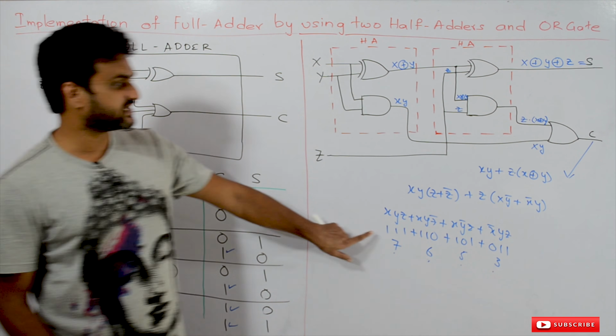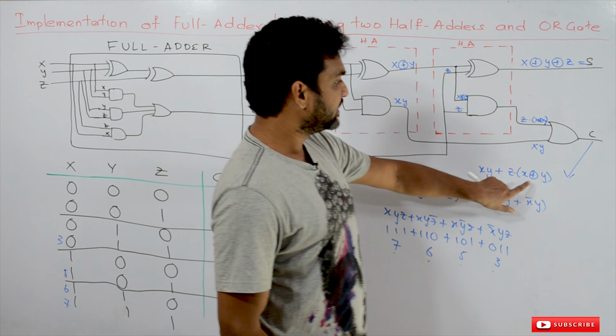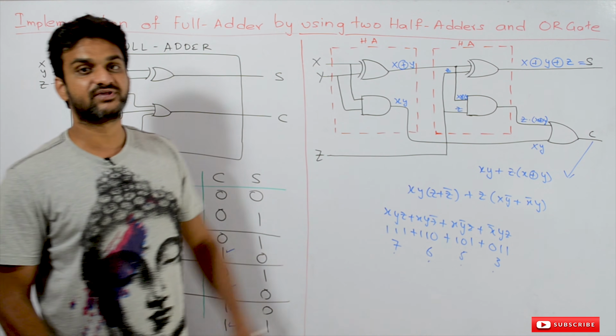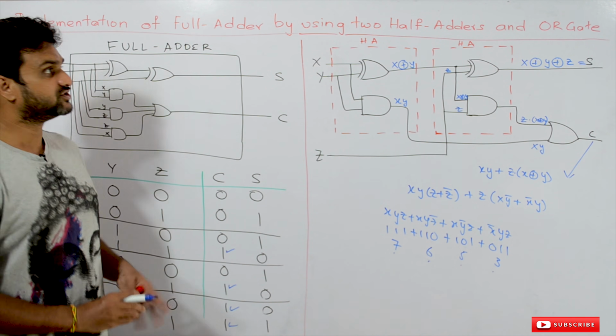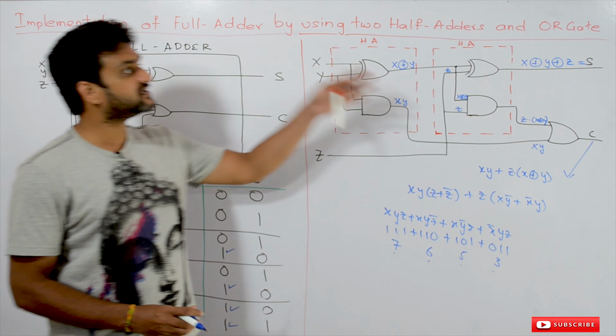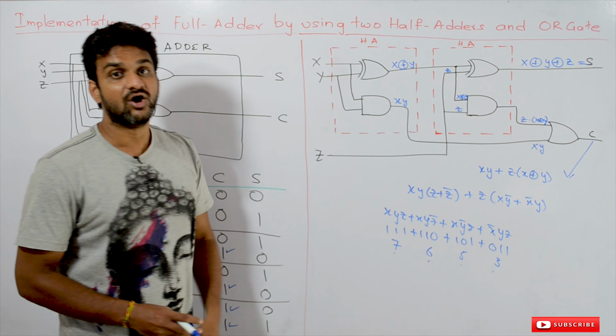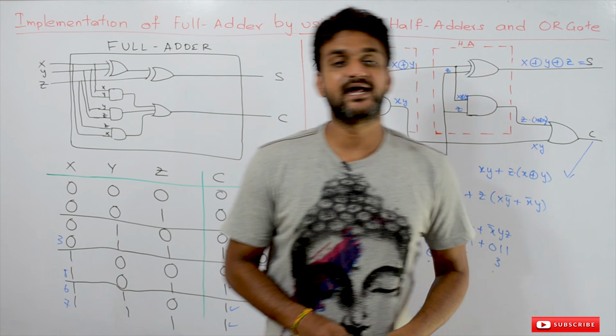So if you expand this expression, it generates the same output as C in the full adder. Both of them are the same. This is how we can implement the full adder by using two half adders and an OR gate. Hope you got the clarity on this concept.